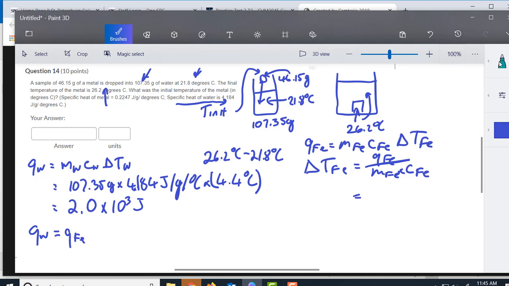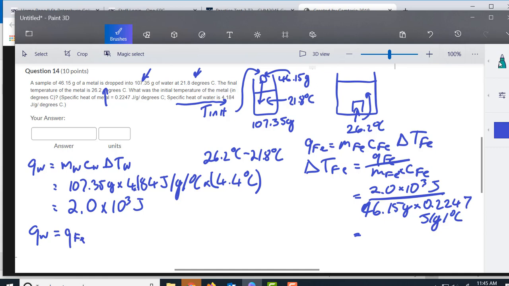Now I substitute in those values. We got 2.0 times 10 to the power of 3 joules. The mass of iron here is 46.15 grams. And the heat capacity is given as 0.2247 joules per gram per degree Celsius.